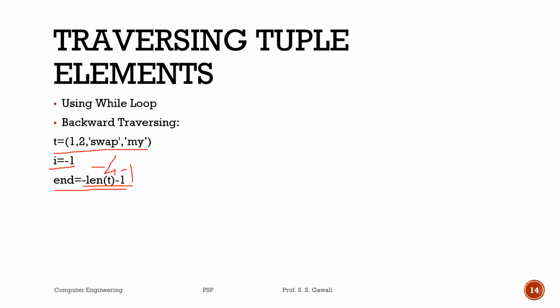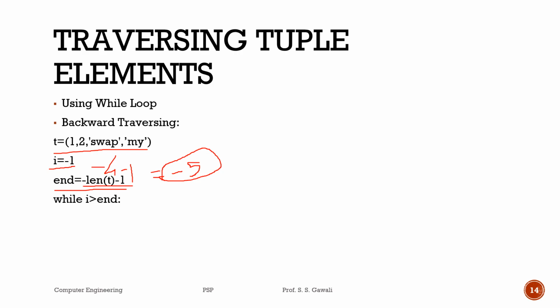What is the result here? Minus 5. And why do I want minus 5? Because I want to put the condition i should be greater than end. It means minus 4 is greater than minus 5. That's why we have to calculate this value. Right? So here, i should be greater than end. Initially the i value is minus 1.